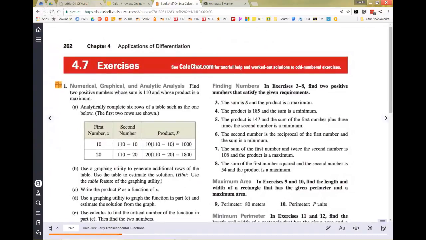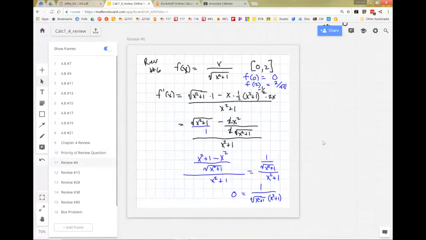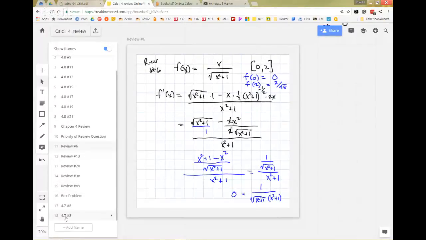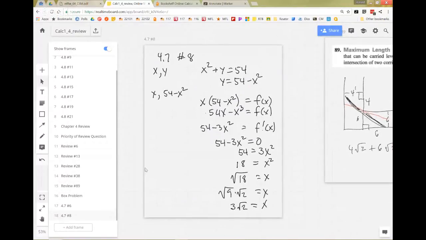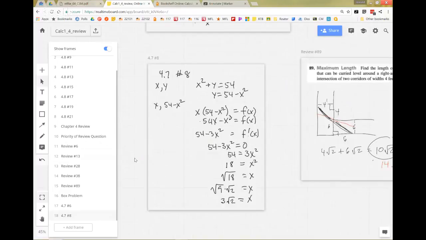Okay, actually, I have that one on here, I think. No, maybe I don't. Okay, let's do that one. Here's number 6. No, that's not right either. There it is. Yeah, okay, so I must have done this during the second class. Here's number 8 on page 262.